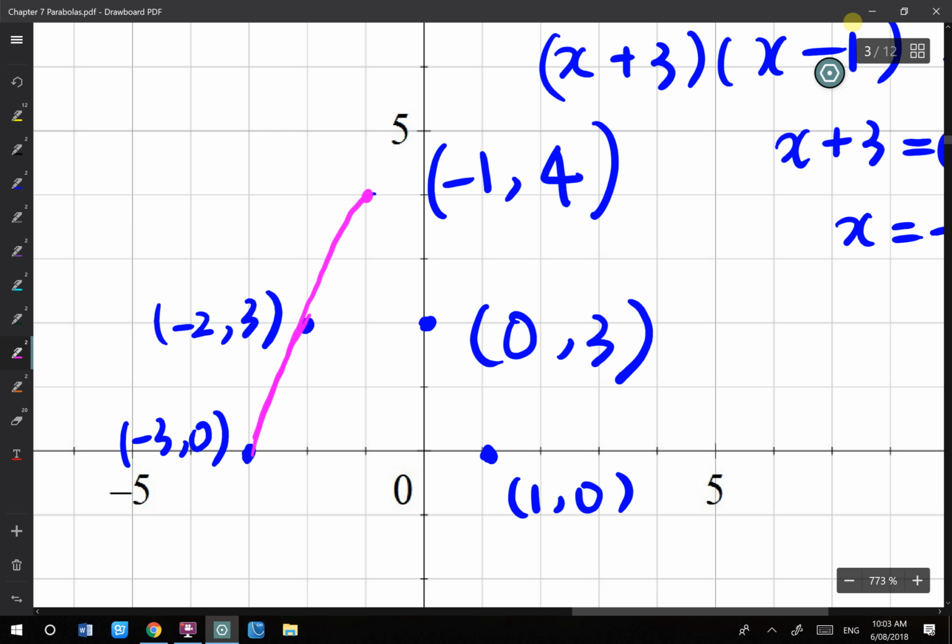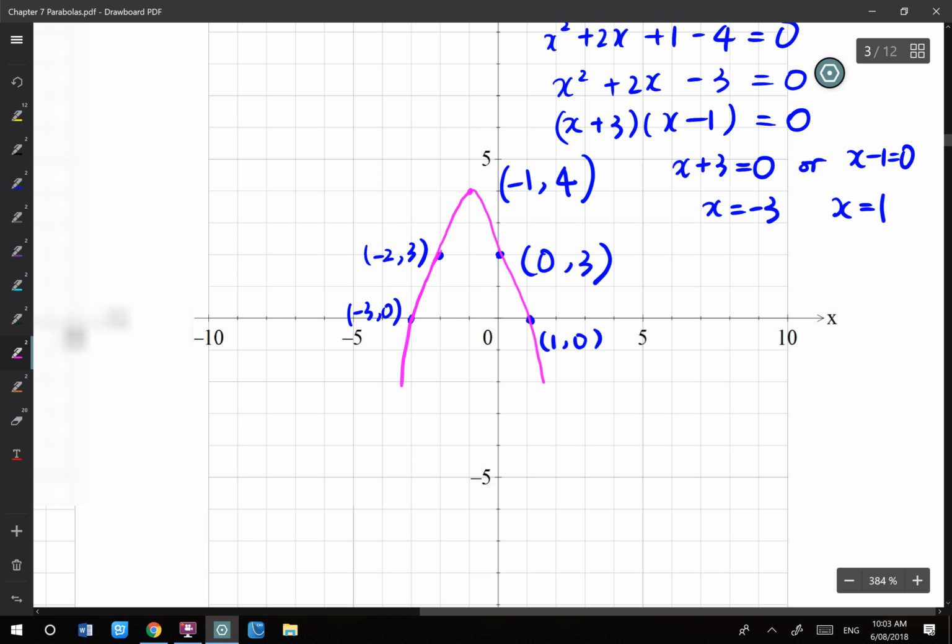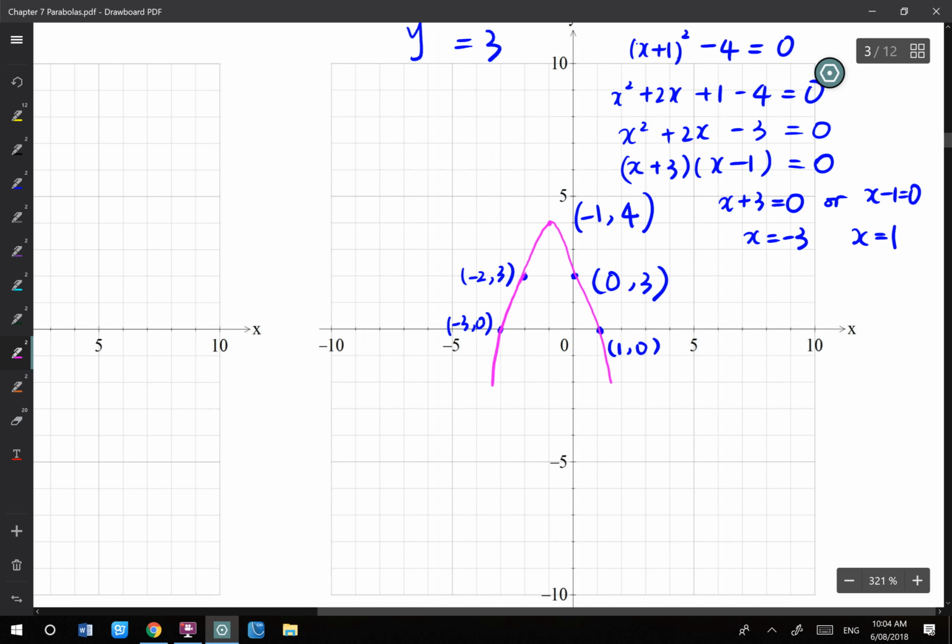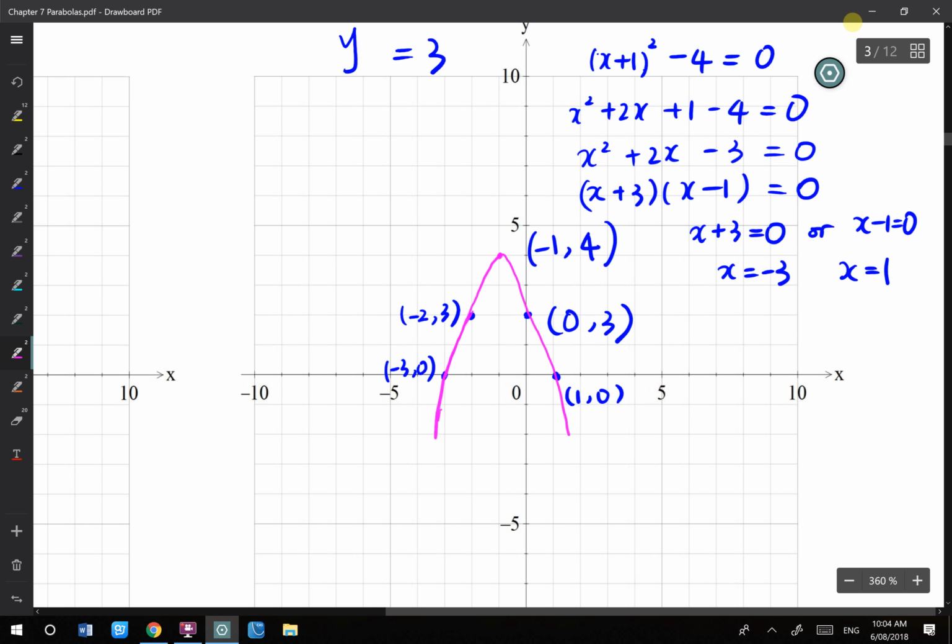Scale is not very nice. It's quite a thin graph, approximately like this. It's quite an ugly graph because the scale is not that nice, but anyway, something like that.